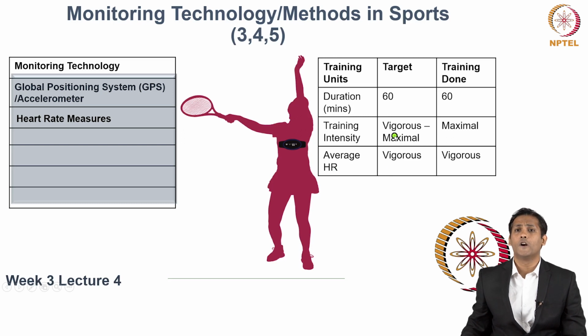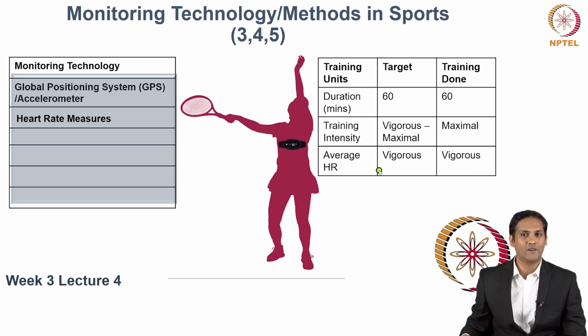Let's say you have prescribed to train with vigorous to maximal intensity of cardio. The athlete has trained at maximal intensity. That's what the athlete would give as feedback. But the average heartbeat at which the athlete has trained for 16 minutes is at vigorous level. So though the athlete's exercise response is maximal, on an average level, the athlete has done exercise at a vigorous intensity.